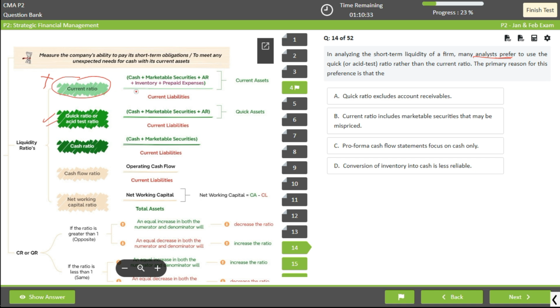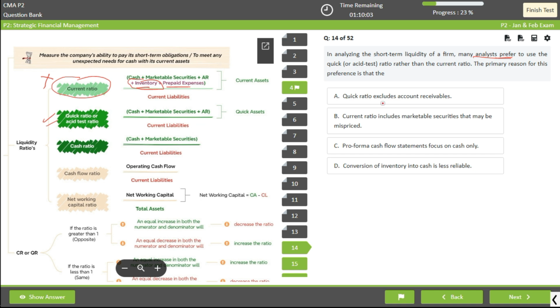Because in the current ratio, inventory and prepaid expenses are included. Prepaid expenses are expenses paid in advance, and inventory is an item that cannot be converted into cash easily, because inventory can get obsolete or be damaged. So even if you are the analyst, you will prefer the quick ratio or acid test ratio, which includes items that can be converted into cash within a short period of time, relative to current liabilities.